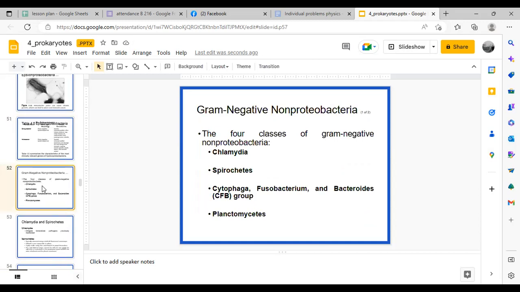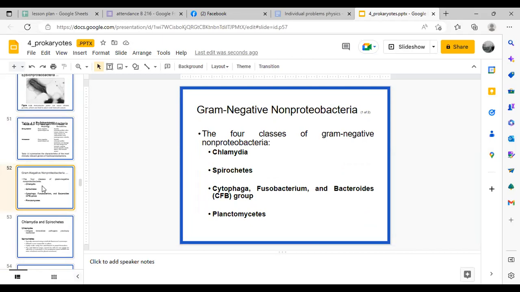Okay. Gram negative, so all of these are gram negative, no? So pero meron ka pa ring gram negative na non-proteobacteria. So that includes chlamydia and spirochetes. You have also CFB, so cytophaga, fusobacterium, and bacteroides.